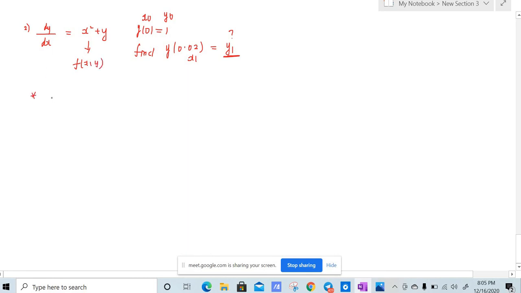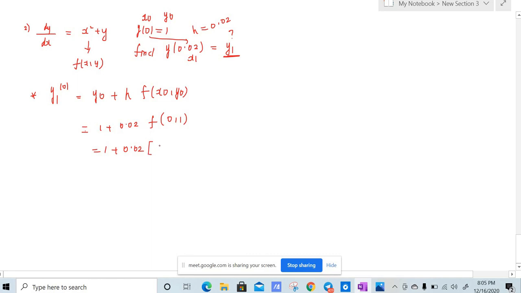So first we need to find y1 of 0. So y1 of 0 is y0 plus h into f of x0 comma y0. I'm going to take h to be equal to 0.02, right? So this will be y0 is 1 plus h is 0.02 into f of 0 comma 1. So it will be 1 plus 0.02 into, this will be x square plus y. So it will be 1.02.